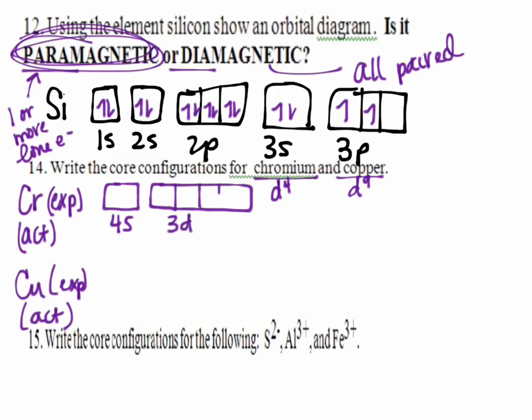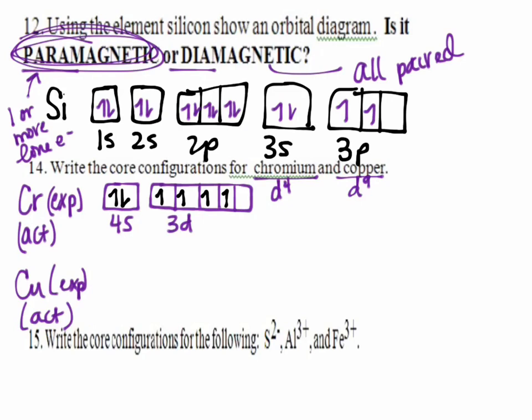I need to have a total of 6 electrons here. So what we expect is we would have 1, 2, 3, 4, 5, 6. Why are there 5 boxes? D always gets 10 electrons, which is 5 boxes.